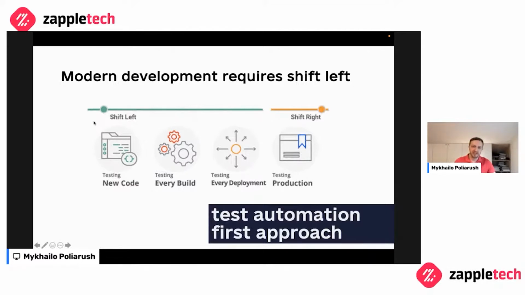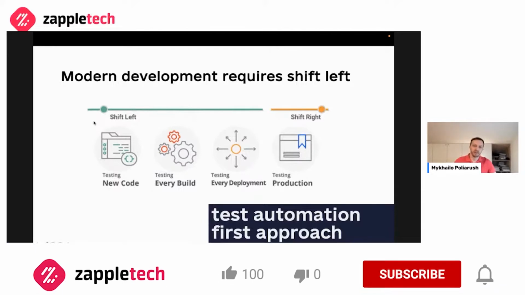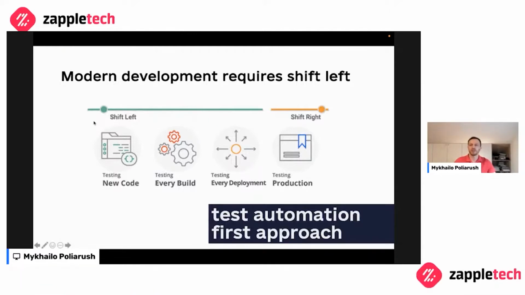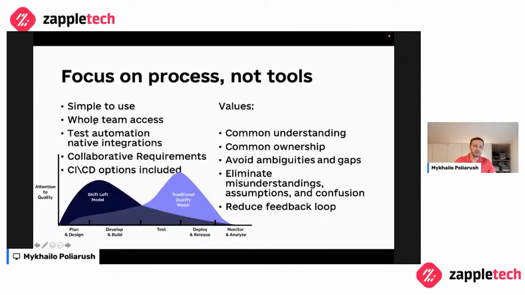It means that once you have collaboration regarding the requirements, at this point in time you should already think about test automation and take actions towards creating your test automation infrastructure, architecture, implementation, and so on and so forth.